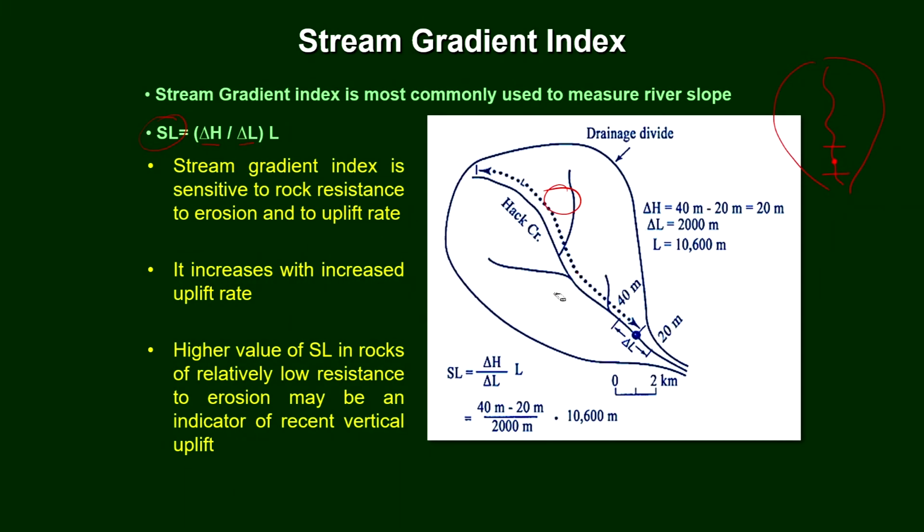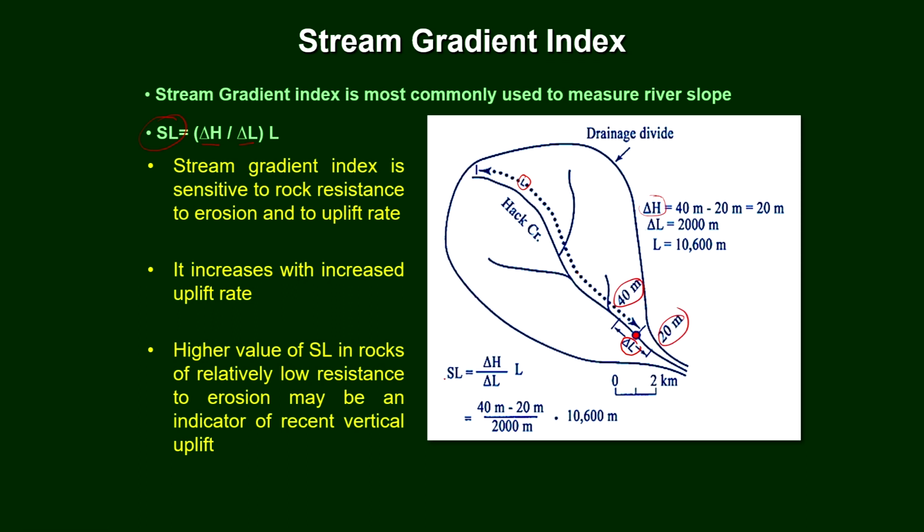This is what I was talking about. Suppose you have a basin here, this is the main trunk stream, and you want to analyze the SL of this region. From the center point you are going to get this L here. The difference between these 2 points gives you delta L, and the elevation difference you get from this.